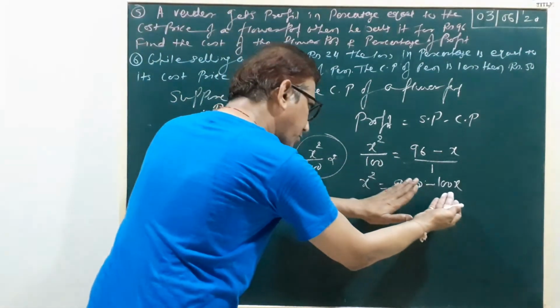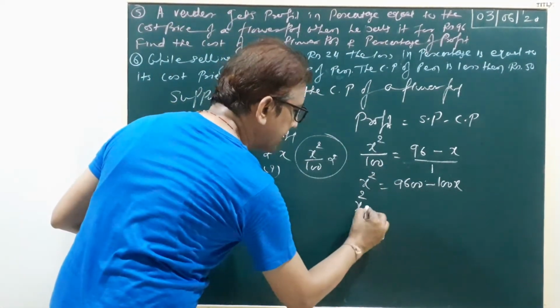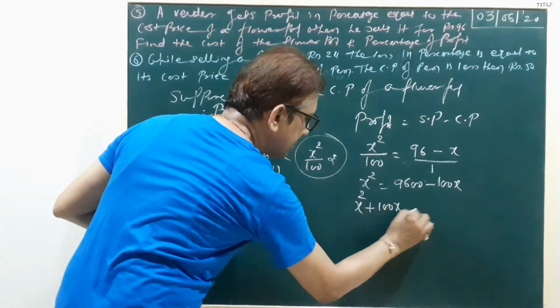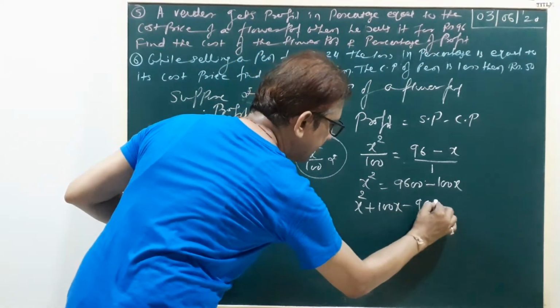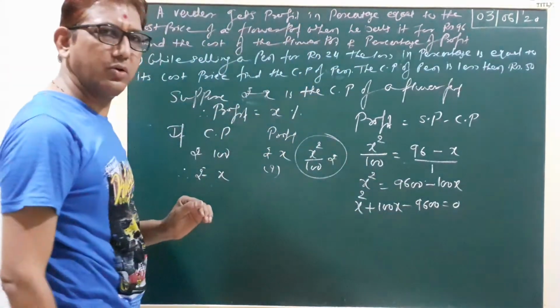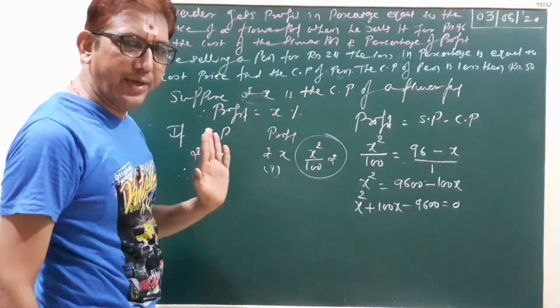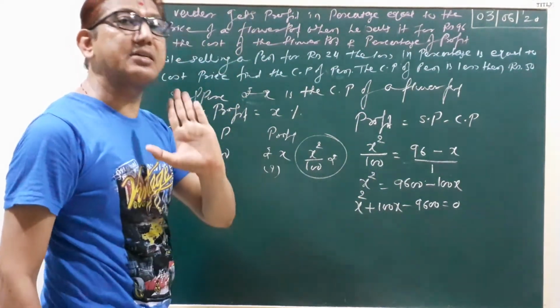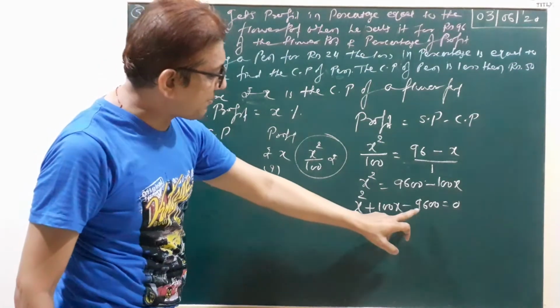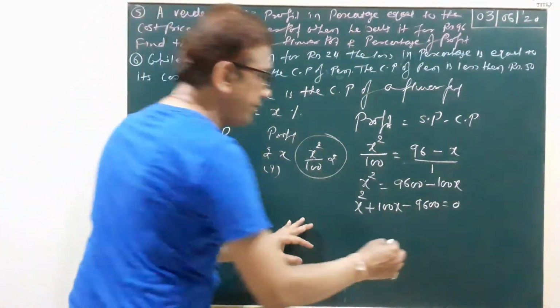Okay. Now, bringing both terms to the left side, our quadratic equation is x square plus 100x minus 9600 equal to 0. This one is positive, this one is negative. Now, factorize 9600, and the difference of the two factors should be 100.